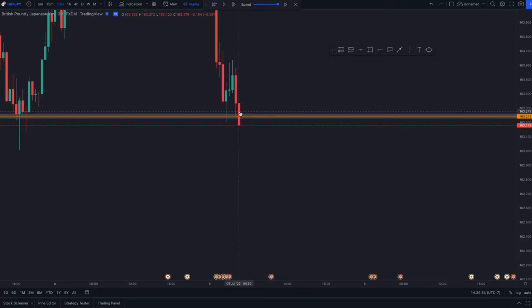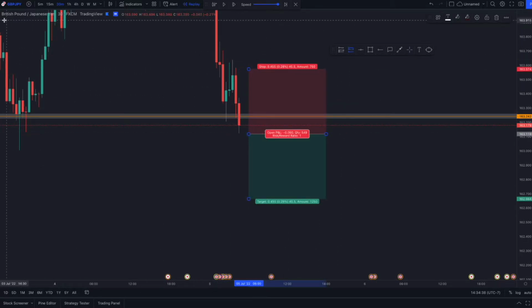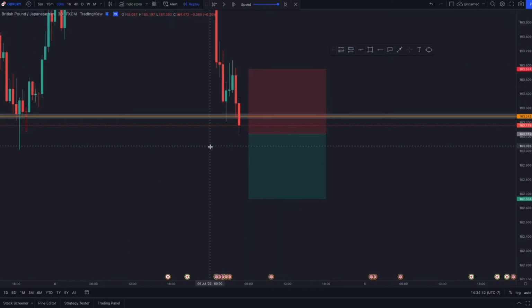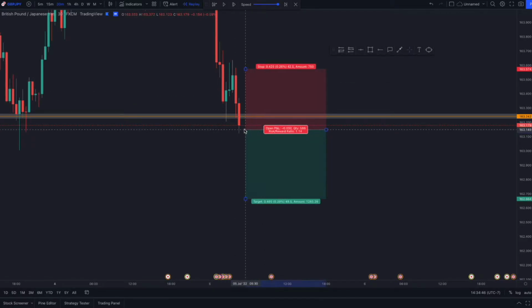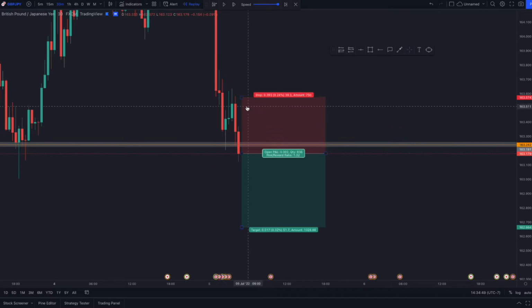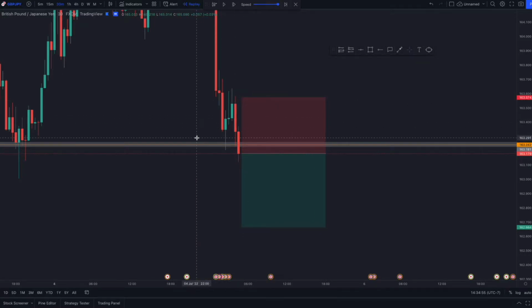Okay, we do have a closure at pre-New York. So next candle is gonna be New York open, and we're gonna put a sell stop below this candle. Because if we do it like this, and if it does not break this low, it could continue going back up.